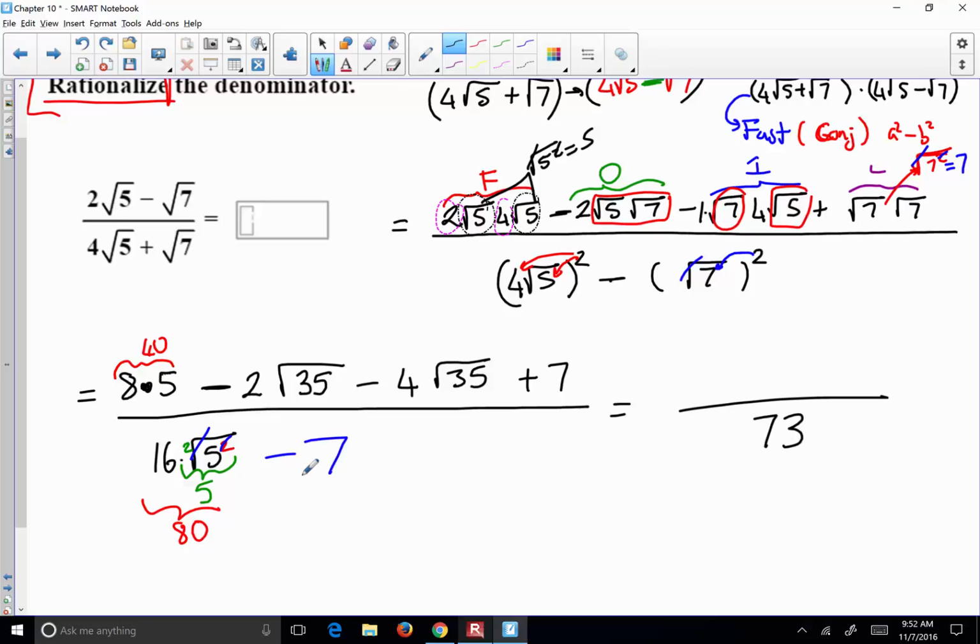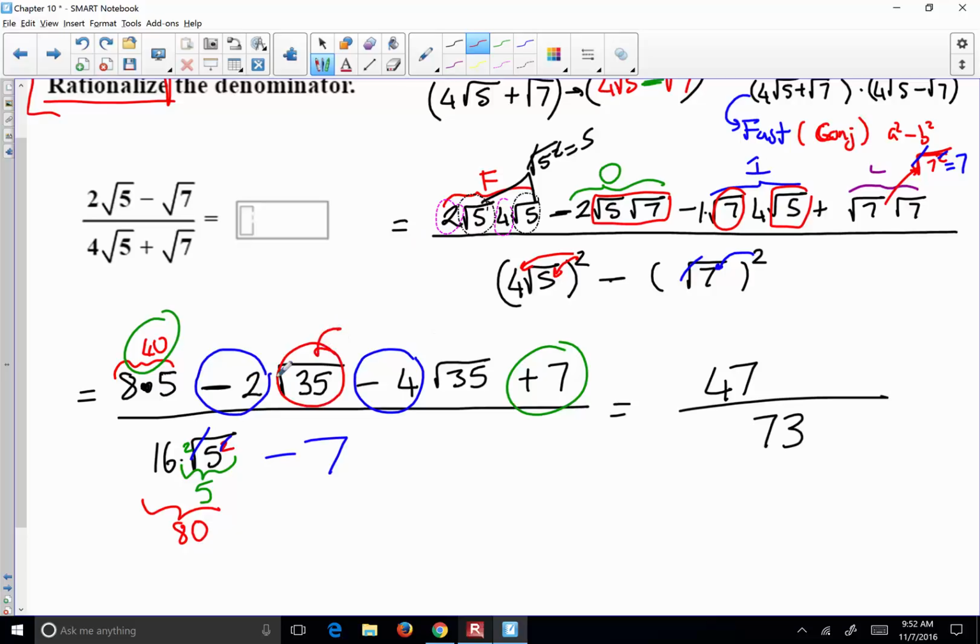How about the top? Can I clean up the top? Can you combine any like terms, any like stuff do you see on the top? You should. 40 and 7, yep, these are like, so they make 47. What else? You have minus 2 and minus 4 of the same apples.